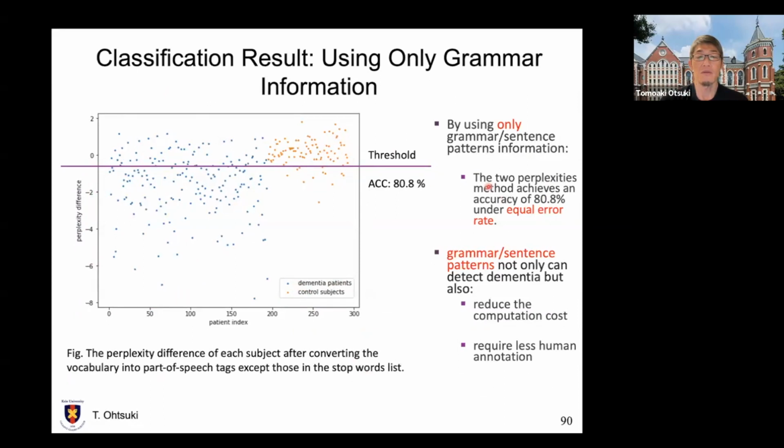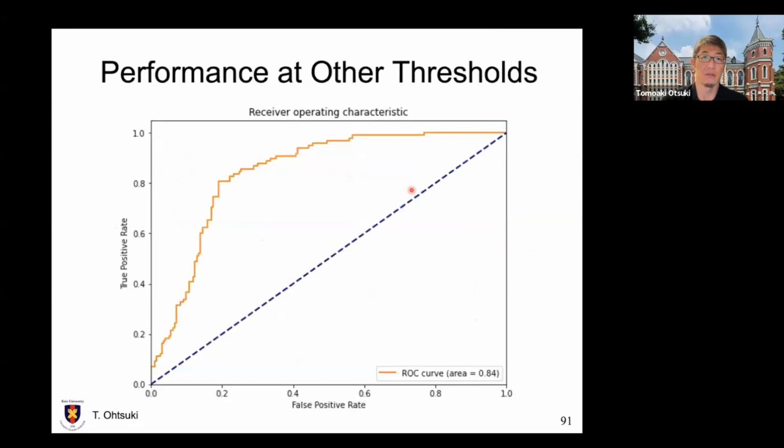If we set a threshold, we can achieve, for example, an accuracy of 80.8%. This is relatively good performance. And the ROC curve becomes like this. Here the AUC, area under the curve, is 0.84.